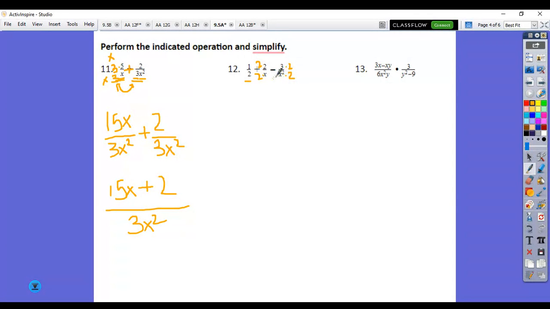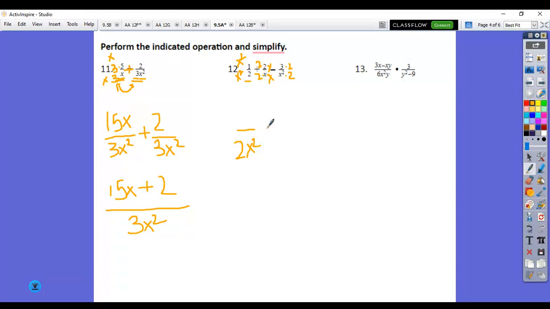I need everything to be the same, so they all need to have an x squared. So I'm going to multiply the top of this by x squared and the bottom of this by x squared. Then I'm going to multiply this one by just a plain x because it already has an x, so I just need to multiply by one more x because my common denominator is going to be 2x squared.